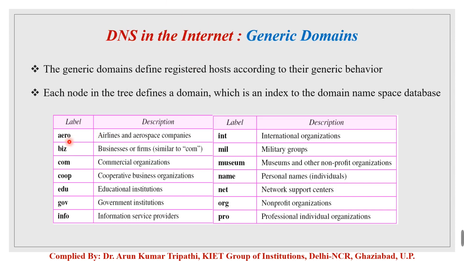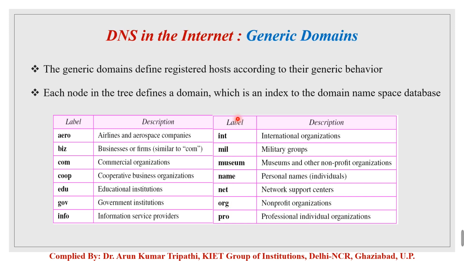For example, .aero for aerospace, .biz related to business, .com related to commercial organizations, .coop for cooperative business organizations, .edu related to educational institutes, .gov, .mil and so on, .net, .org for non-profit organizations and so on.